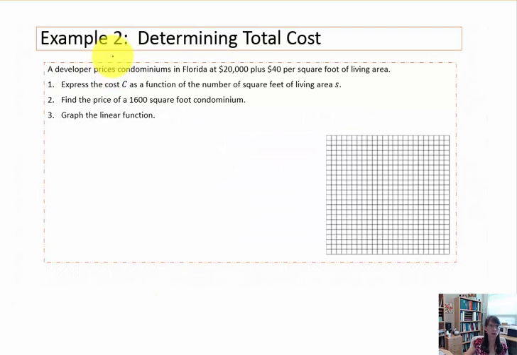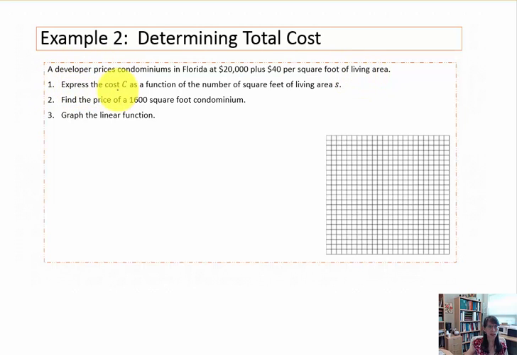So with our second example of applications of linear functions, we're going to be determining total cost. The scenario says a developer prices condominiums in Florida at $20,000 plus $40 per square foot of living area.